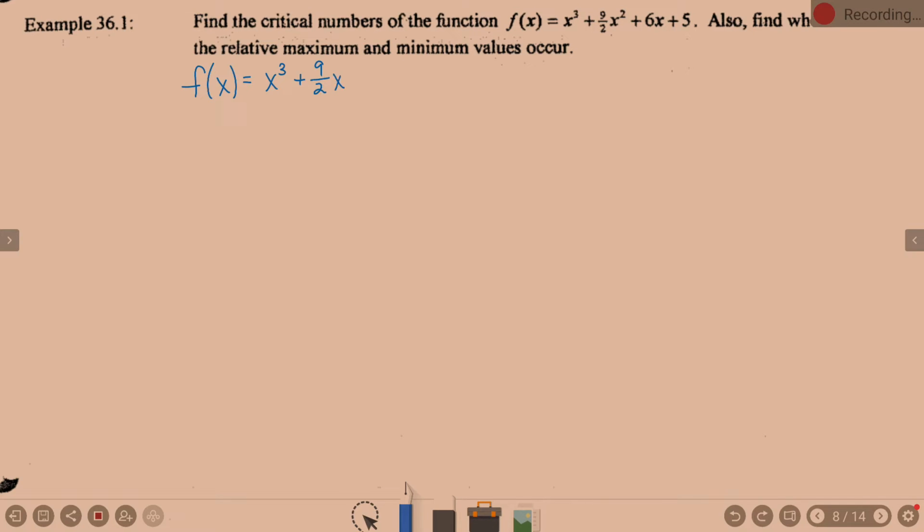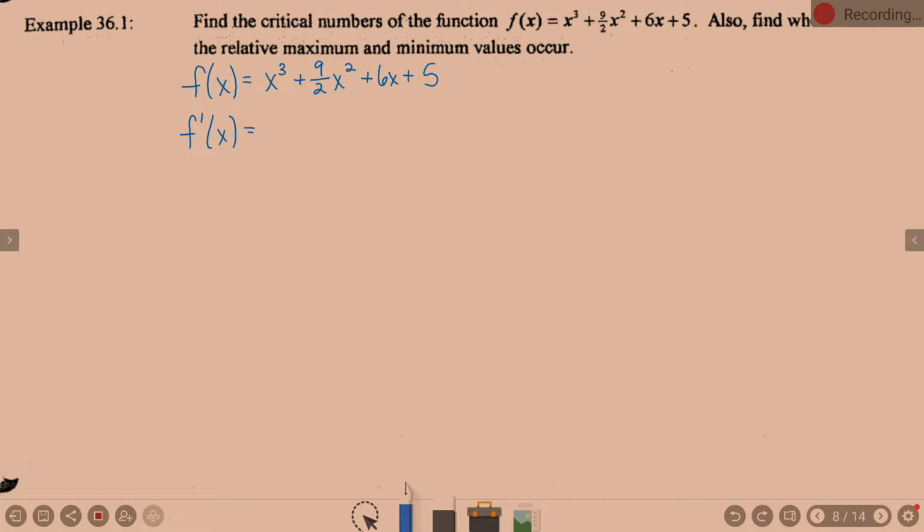On the AP test, you would not be using a calculator on a problem like this. You would be doing it all by hand, which means you can't look at the calculator and say, where are my mins and maxes? Just telling you up front. Not that you can't check it when you have that calculator availability, but okay, guys, derivatives, here we go.